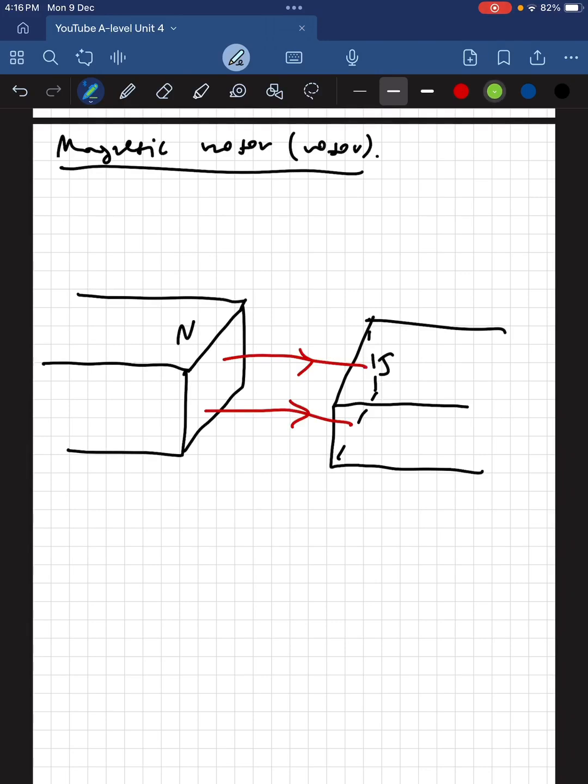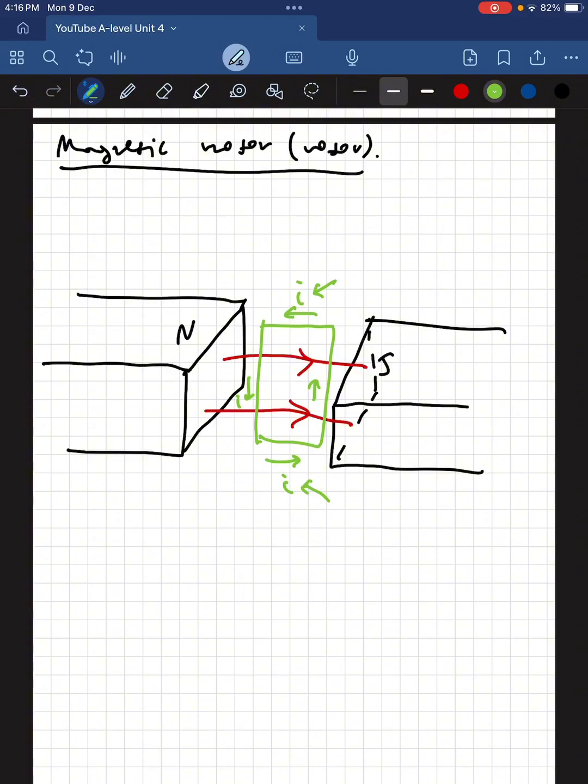So I'm going to use the green color to create this rotor. Let's assume that I have a square like that, in which current is flowing, okay? So this is the direction of the current. Now, for this section over here and this section over there, there is no force, okay?